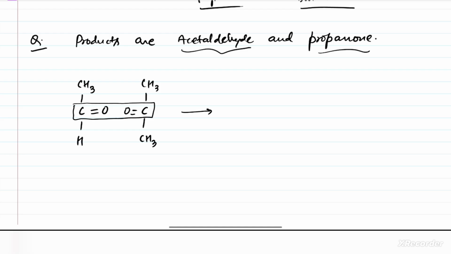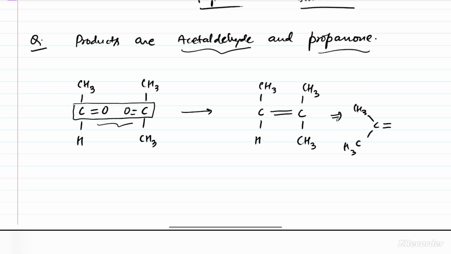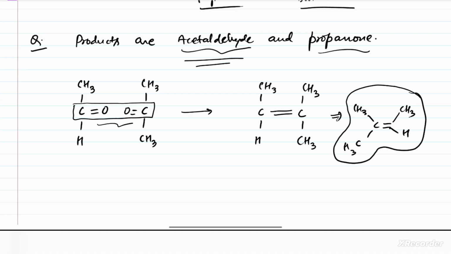Now just remove the O's, remove the C double bond O, and join them by a double bond. So this is the alkene, and we can rearrange it to get the required alkene, CH3CH=C(CH3)CH3. This alkene upon ozonolysis gives one acetaldehyde and one propanone.